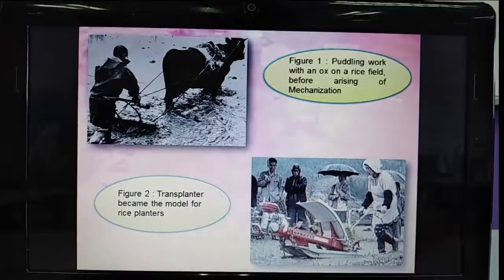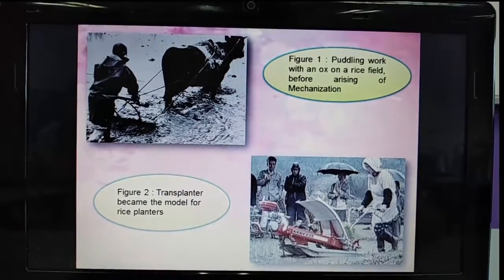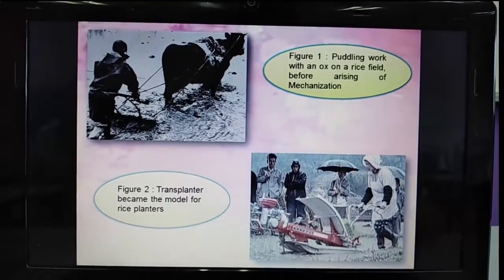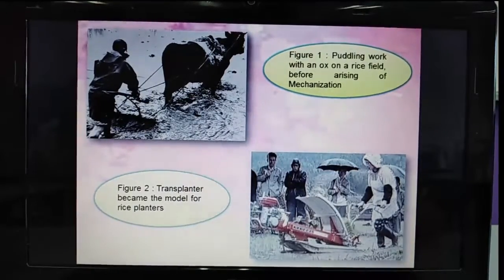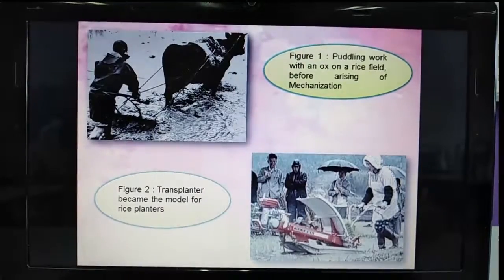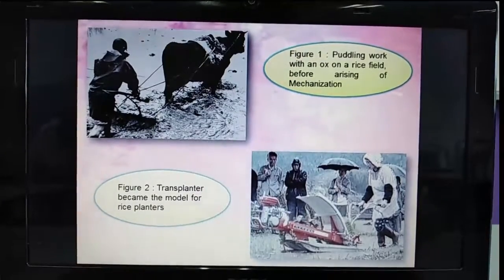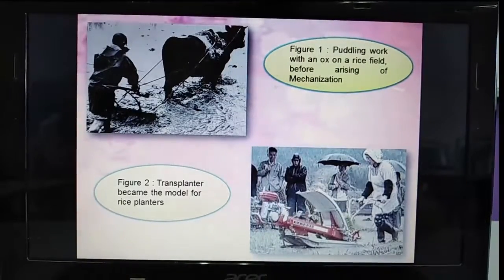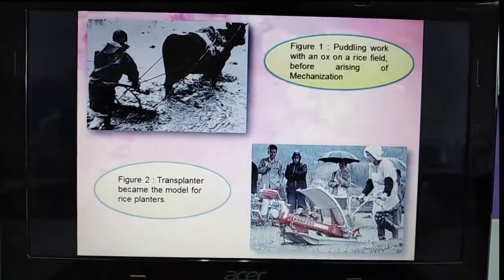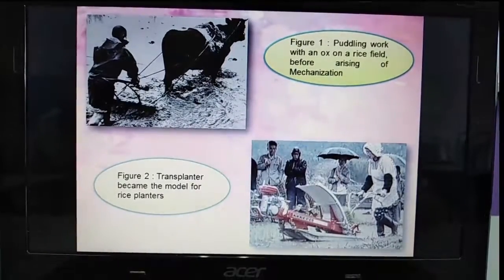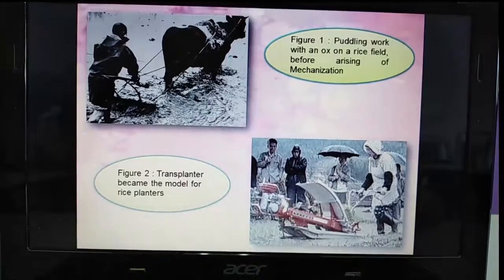According to the figures where labor energy was used, in figure 1, paddling work with an ox on a rice field before the rise of mechanization. Based on figure 2, the mechanization introduced by Kubota, the rice transplanter, became the model of rice planter.